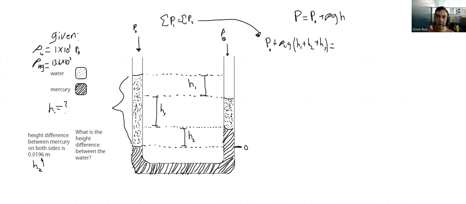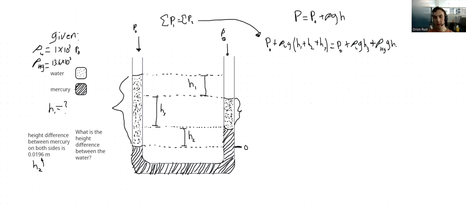On this side, we also have the atmospheric pressure, and then we add the density of water times acceleration due to gravity times height 3, because right here we have water at height 3. Plus, we also need to focus on this section with mercury. We're given the density of mercury times acceleration due to gravity and height 2.